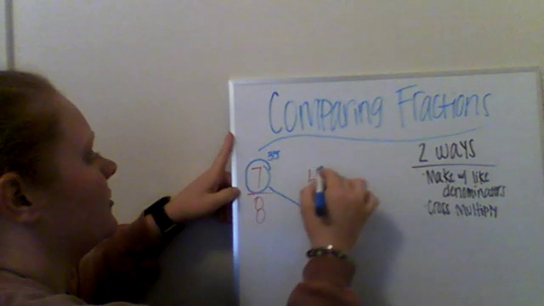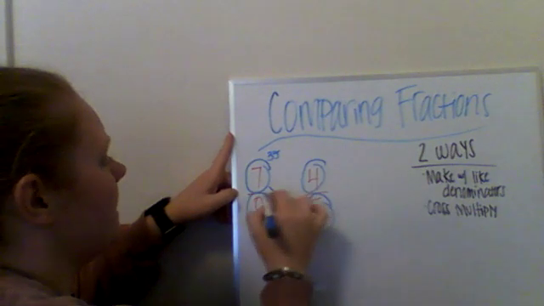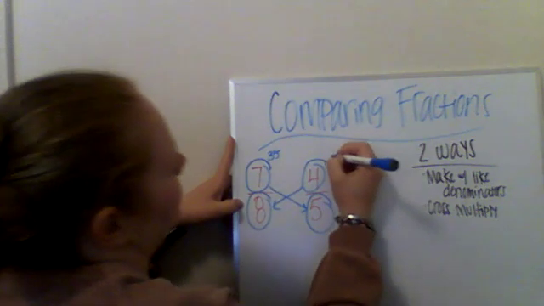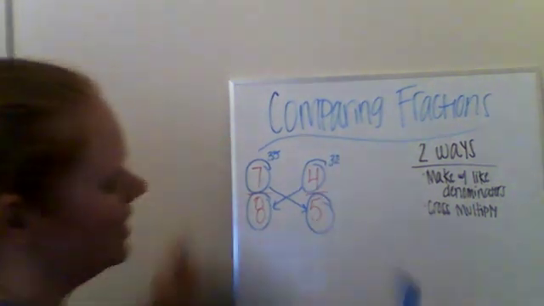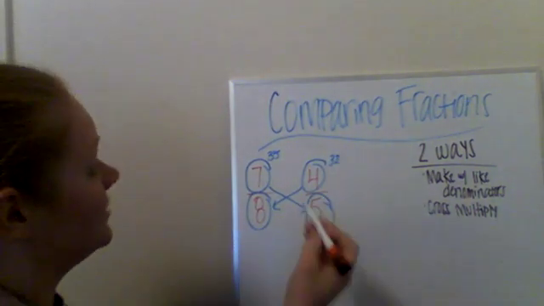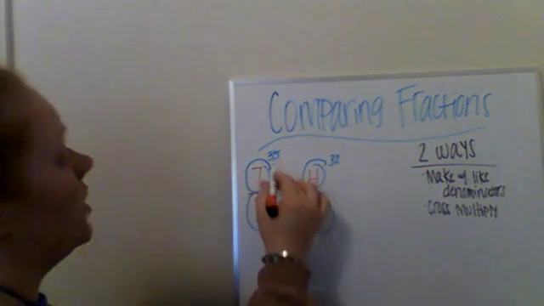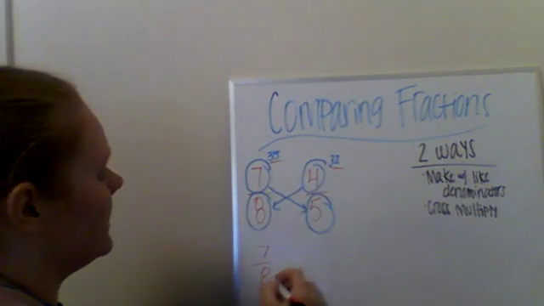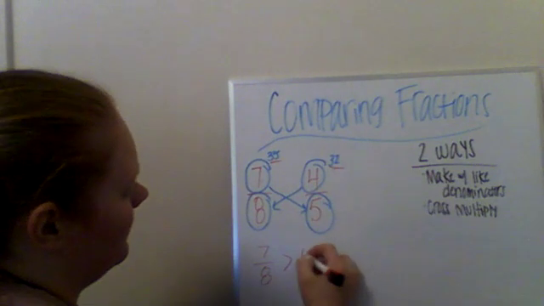Now I'm going to look at my 4 and my 8. Okay, and 8 times 4 is 32. Okay, so now what I'm going to look at is which number is greater. Well, 35 is greater than 32, so that means 7/8 is greater than 4/5.